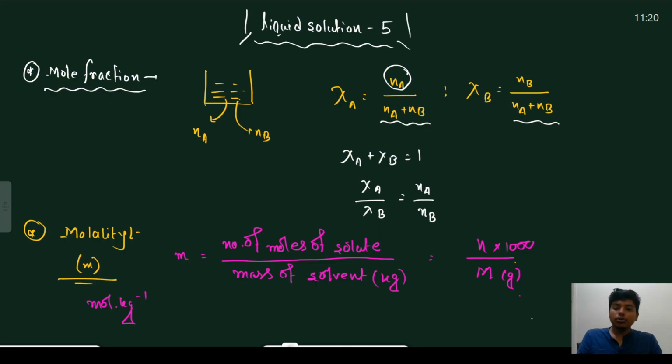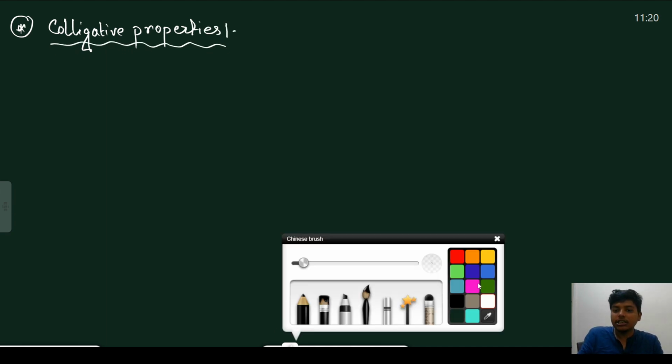Okay. So today we are going to start colligative property. The last topic of this chapter is called colligative property. Now, what are colligative properties? Colligative property, sir, it is not Colgate or something. It is colligative property.